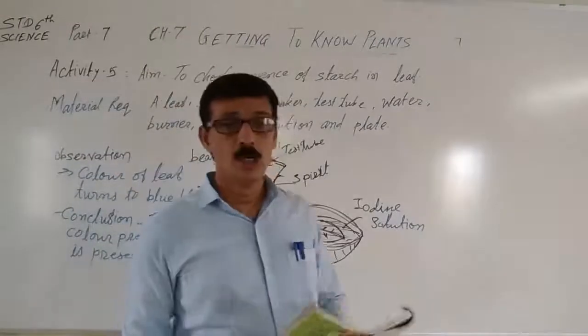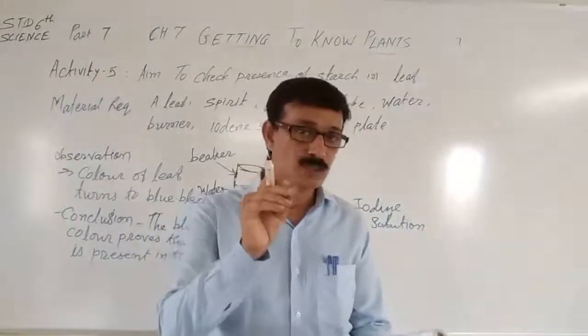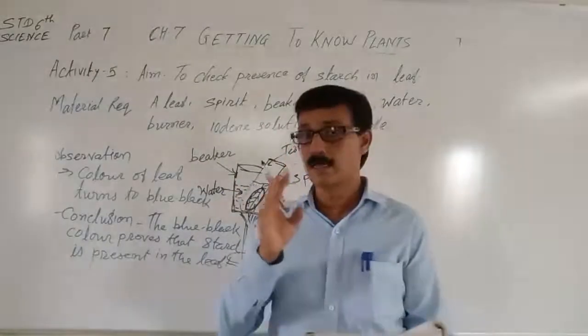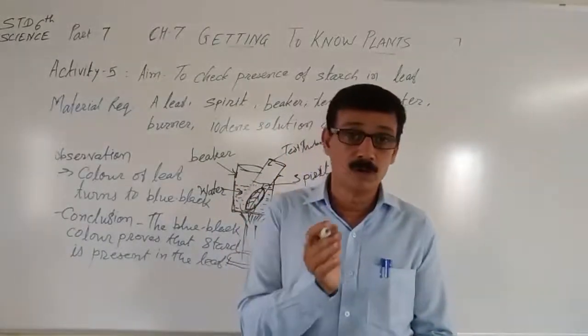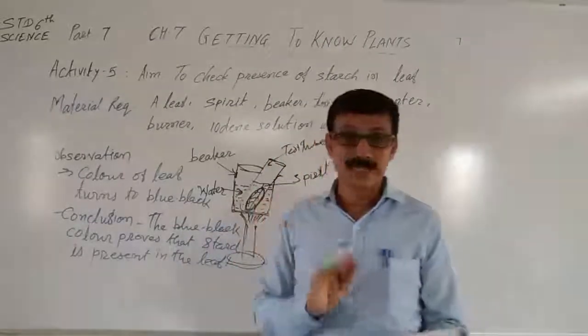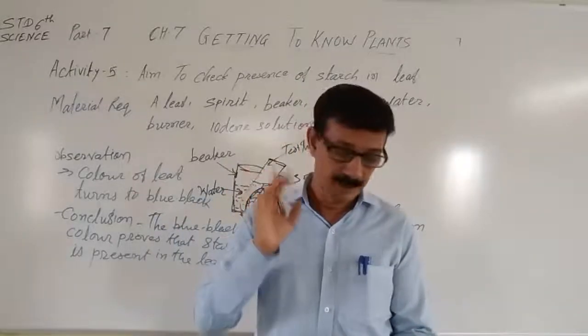Why? Because on putting some drops of iodine solution on starch, the color changes to blue-black, and here also it happened. That is why we can say starch is present in the leaf.